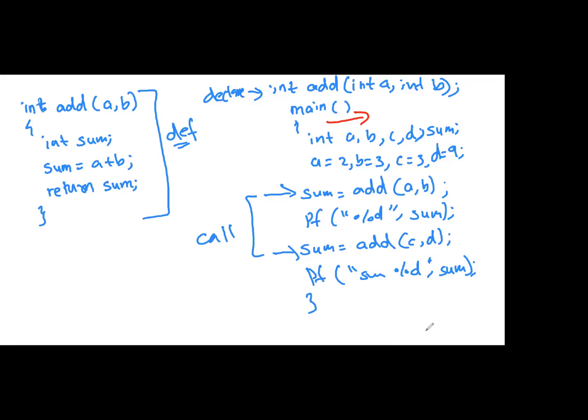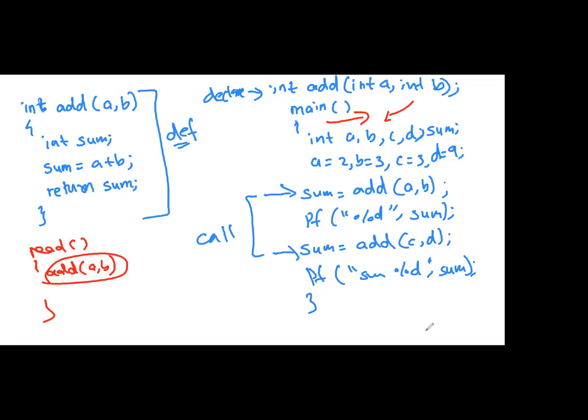So if you declare within the main function, let's say there's another function, let's say read, within this function, if I want to call add(a, b), I cannot call it here, since the function is declared within the main.